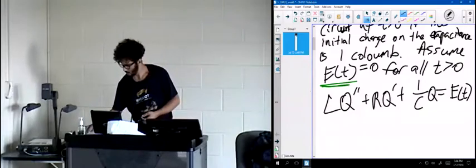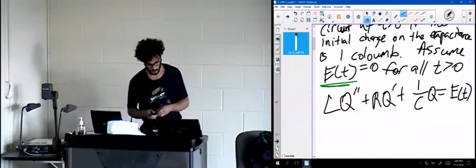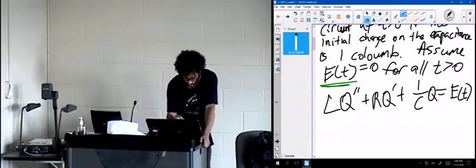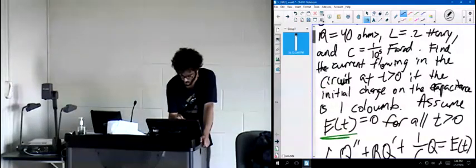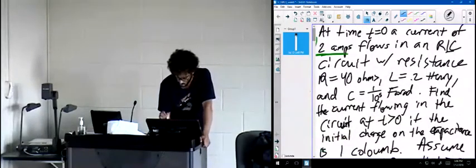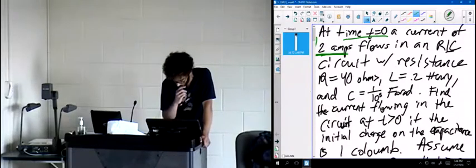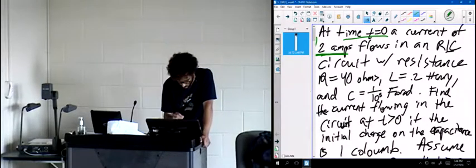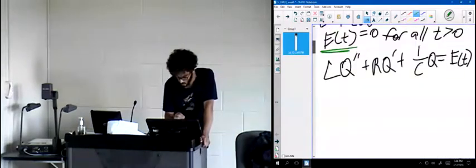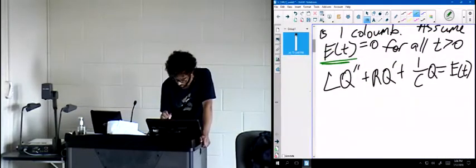Okay. So, if that's the case, let's write out what all we know. Well, here, this time t equals 0 has a current 2 amps. That's actually an initial condition.